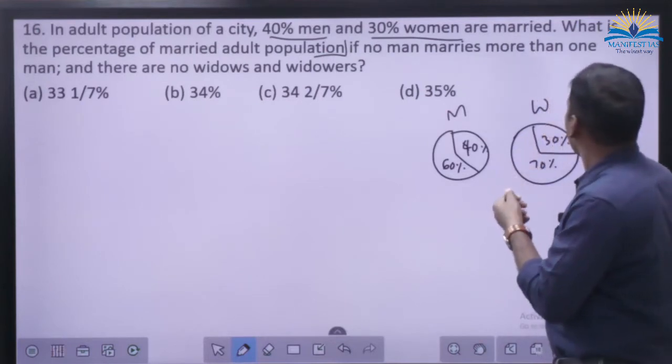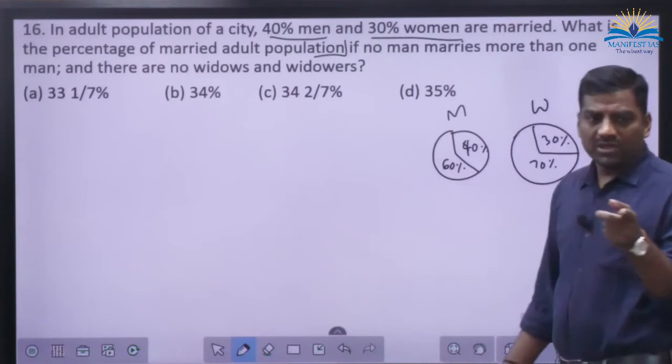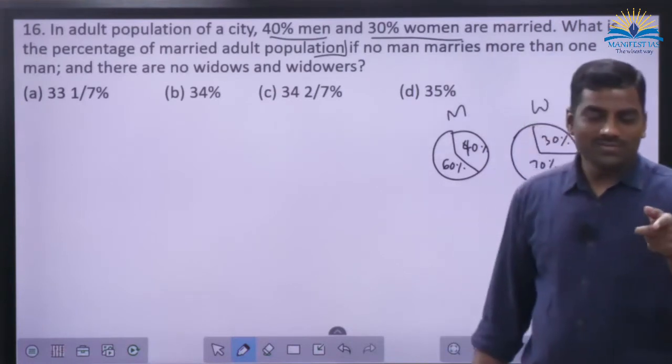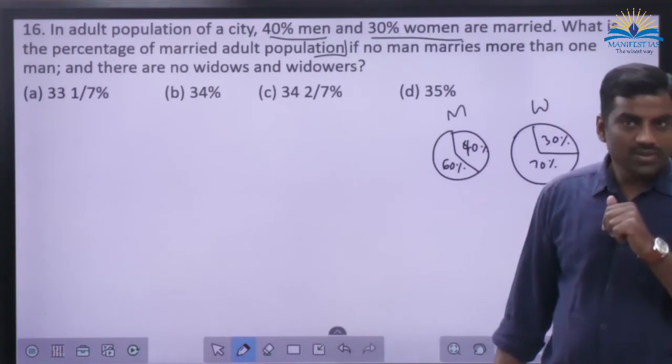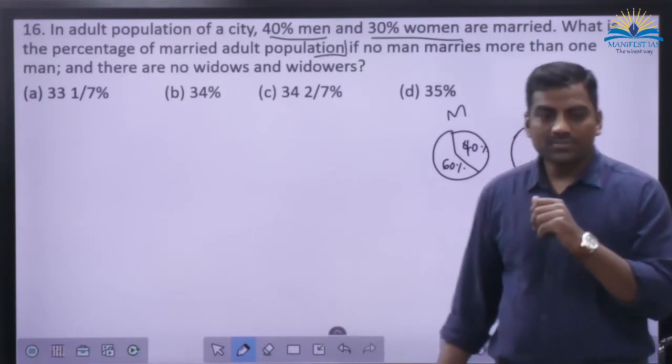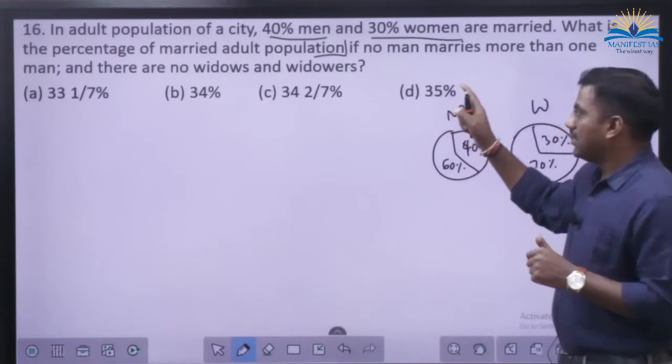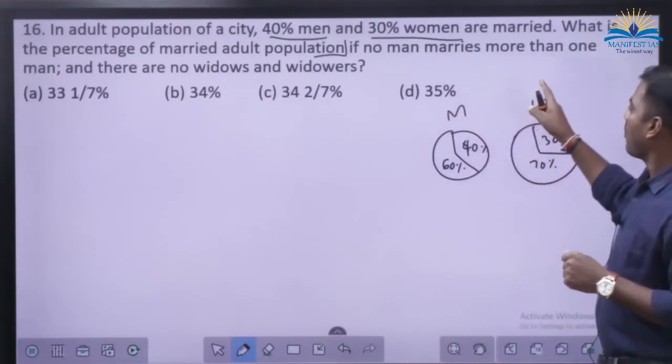This question is half printed, I think. Is it rightly printed in your book? Same thing is printed? No. Some of the lines in this are missing.